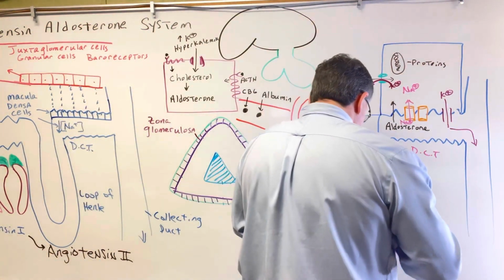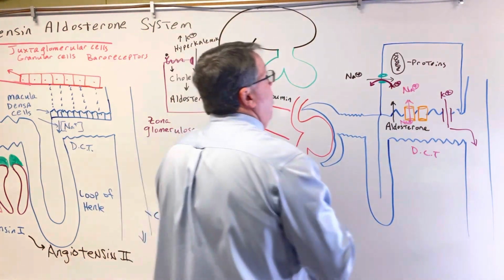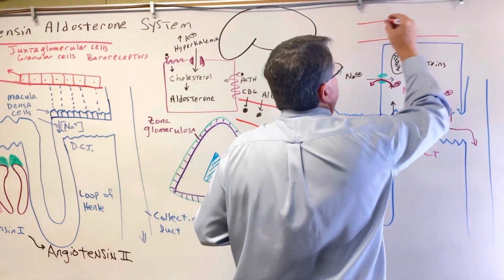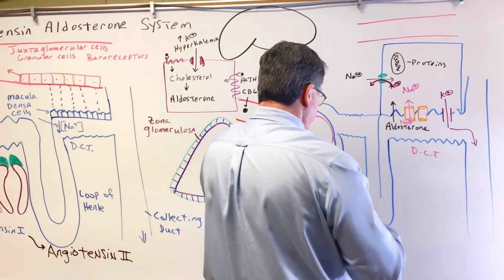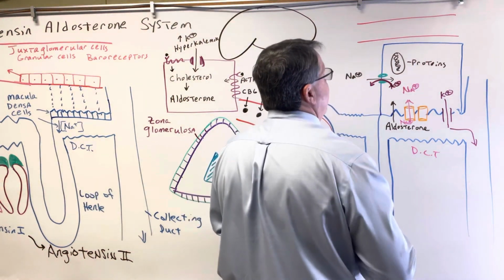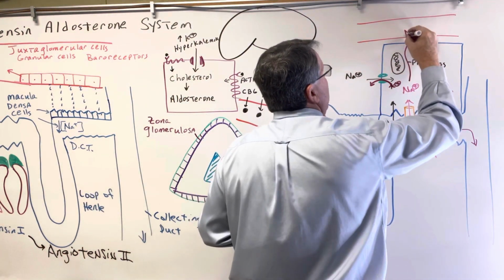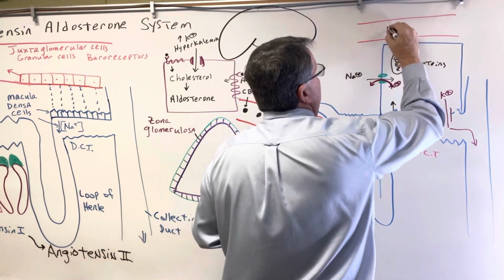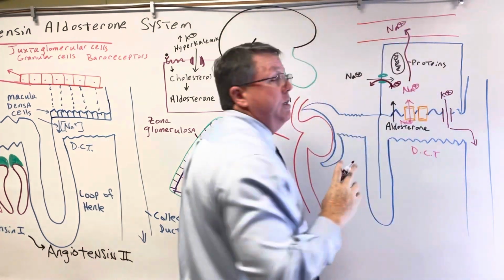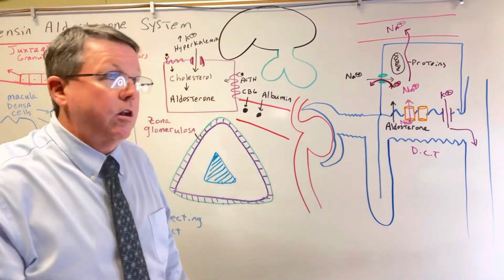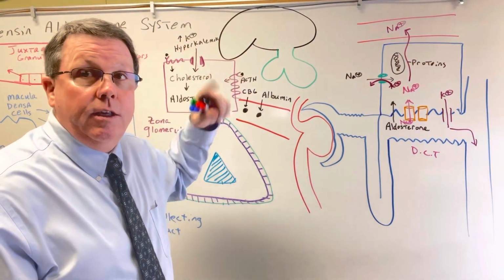If we look now, we still have our bloodstream here. Eventually the sodium is going to go into the bloodstream. Now, what did we say was one of the things that causes the system to kick in?